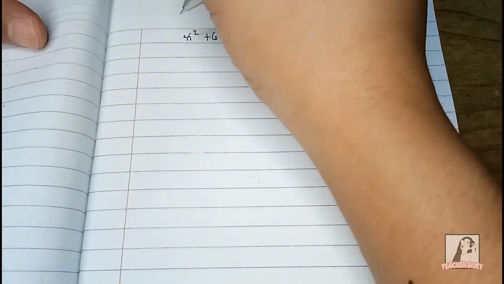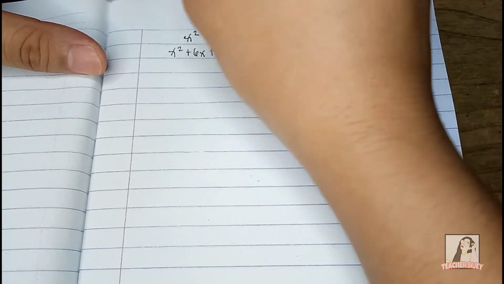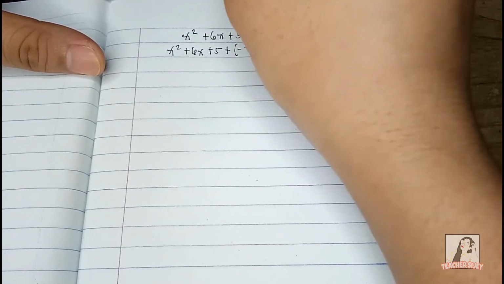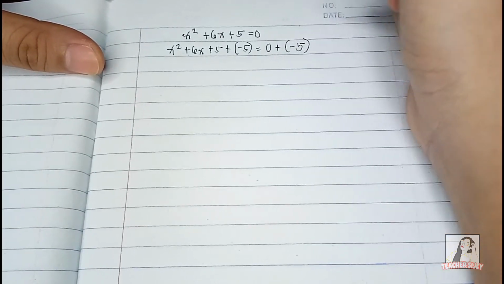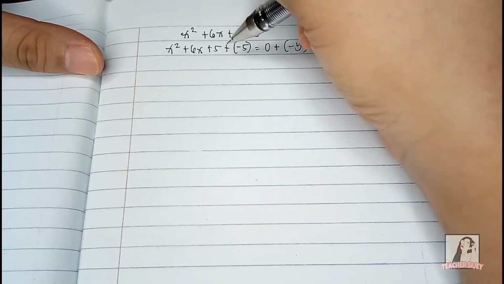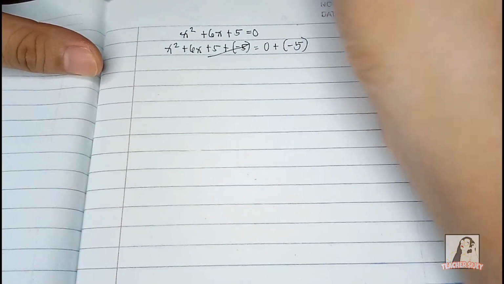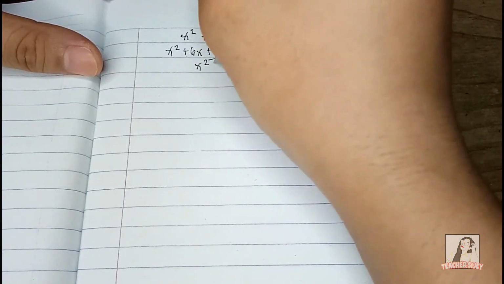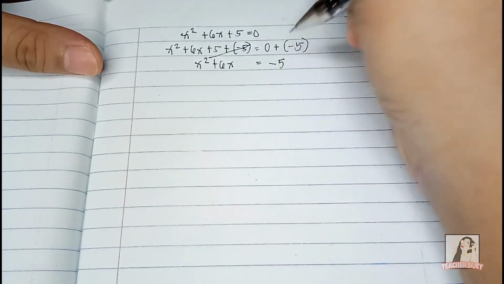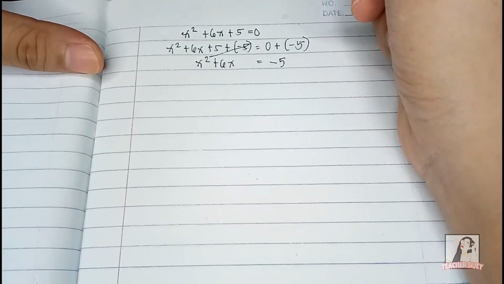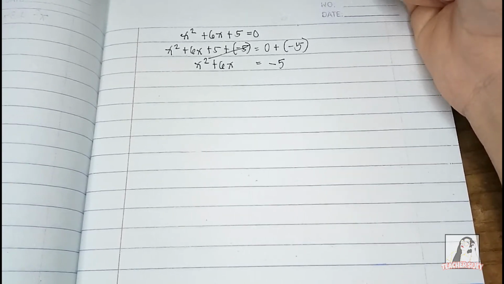So we have x squared plus 6x plus 5 plus -5 equals 0 plus -5. So 5 plus -5 cancel, and we have x squared plus 6x equals -5.